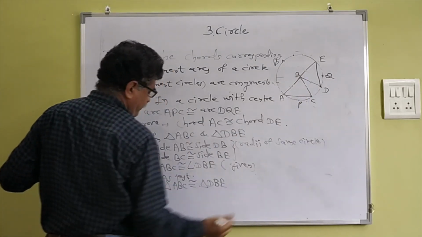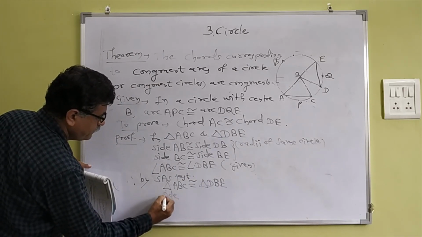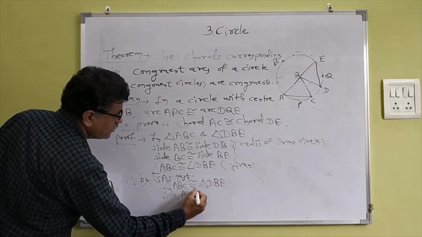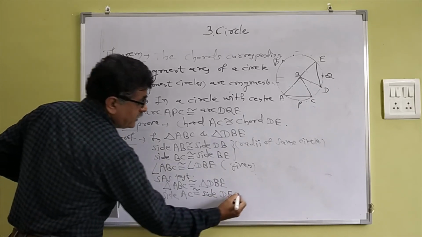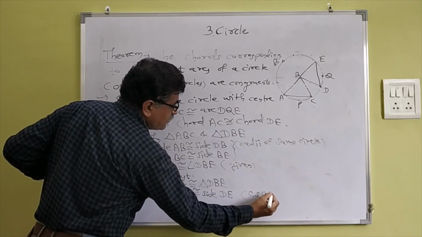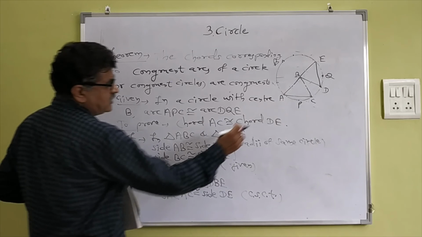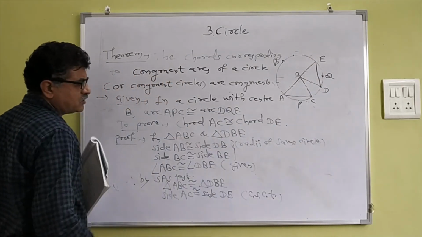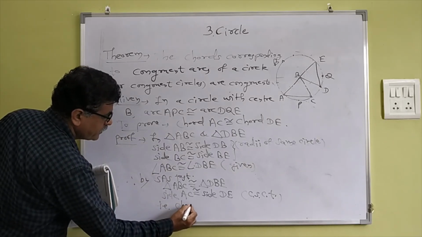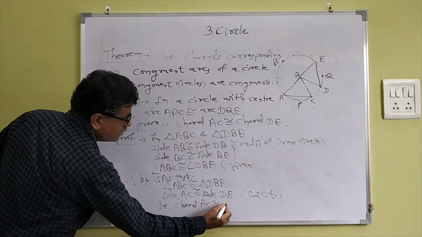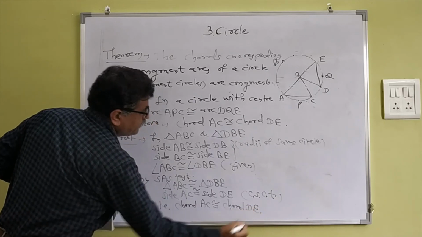Therefore, side AC congruent to side DE, corresponding sides of congruent triangles. Side AC and side DE are chords, therefore chord AC is congruent to chord DE. This is the proof.